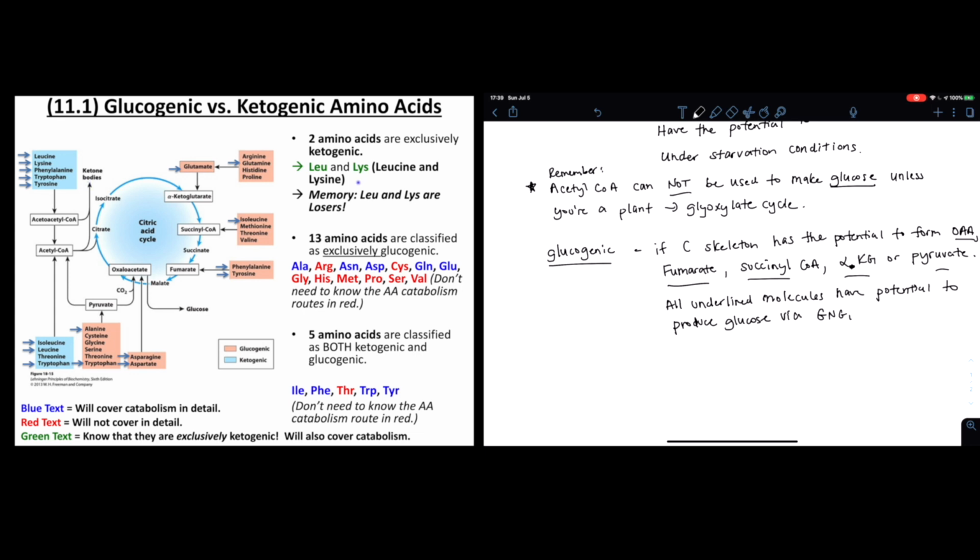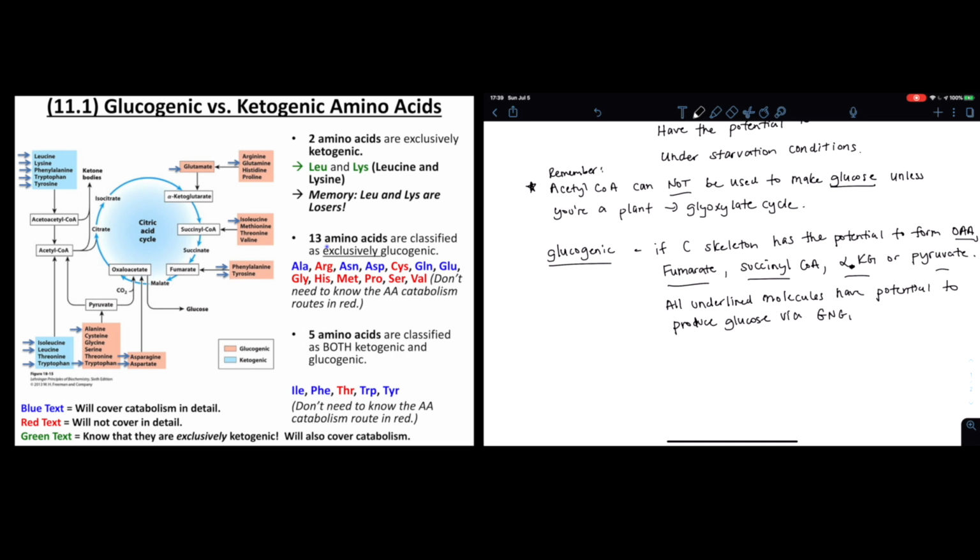So remember, leucine and lysine are losers because they both start with L. You will never be able to get a net gain of oxaloacetate from leucine or lysine. Okay, so remember, those are ketogenic, and I want you to know this really well, so make sure you highlight this for studying for your midterm exam.